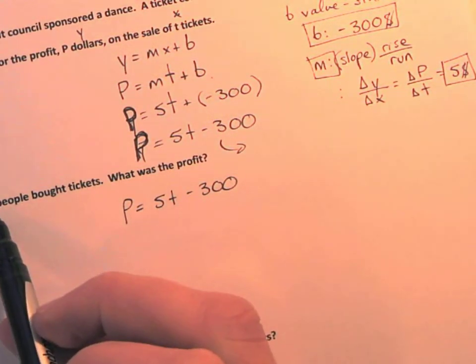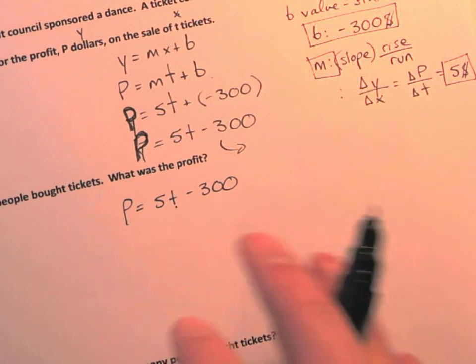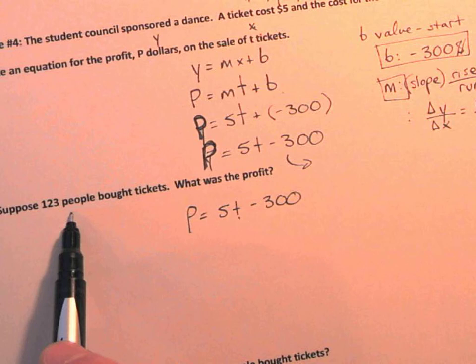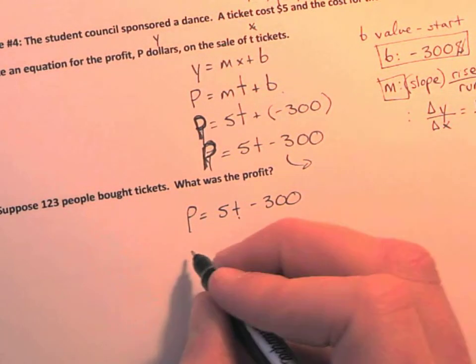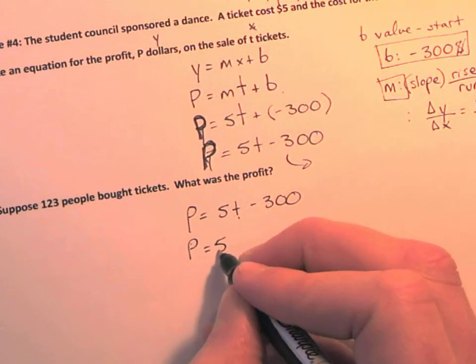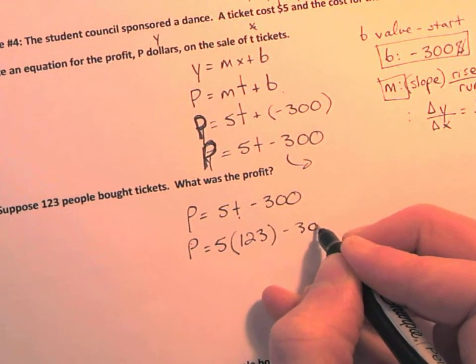Suppose 123 people. Does P mean people or does T mean people? Well, T means tickets, and 123 people bought tickets, so 123 tickets. So that's our T value, because we're trying to find our profit. So it's 5, our ticket number is 123, and then negative 300.